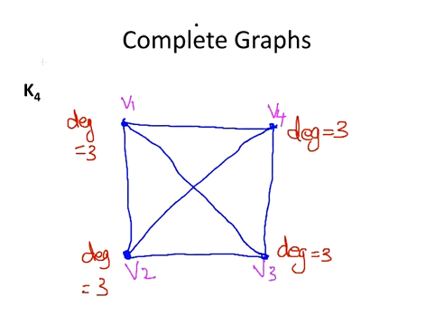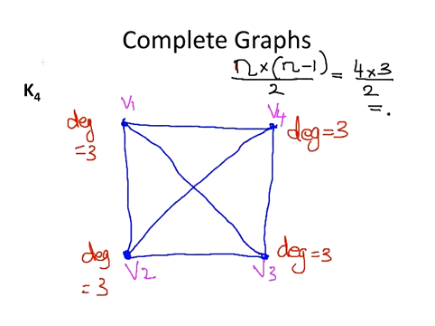Let's double check. n is the number of vertices and each vertex has degree n minus 1, and we're going to divide that by 2. In this case we have 4 times 3 all over 2, which is 6, and we do actually have 6 edges. So this looks promising.